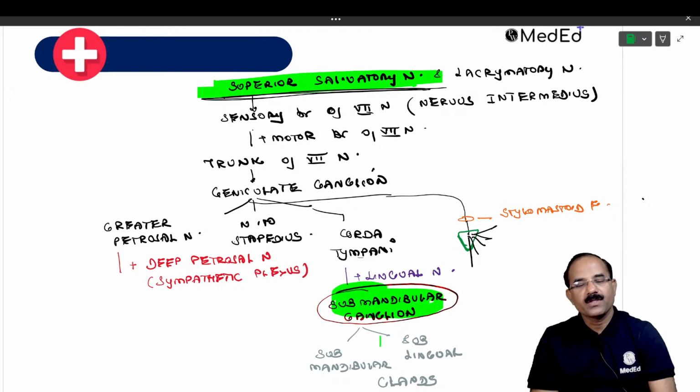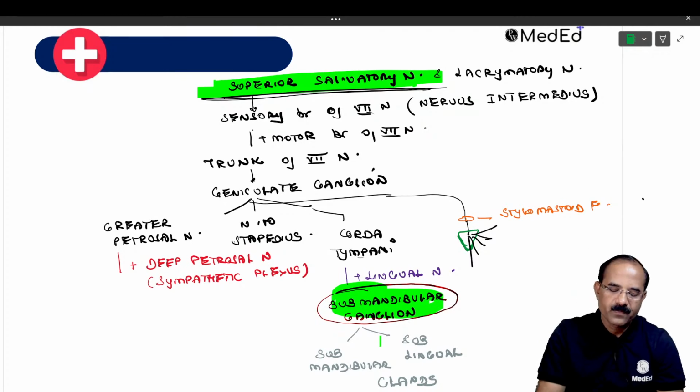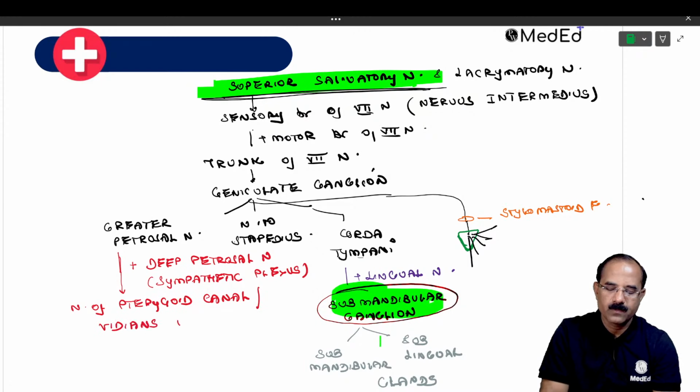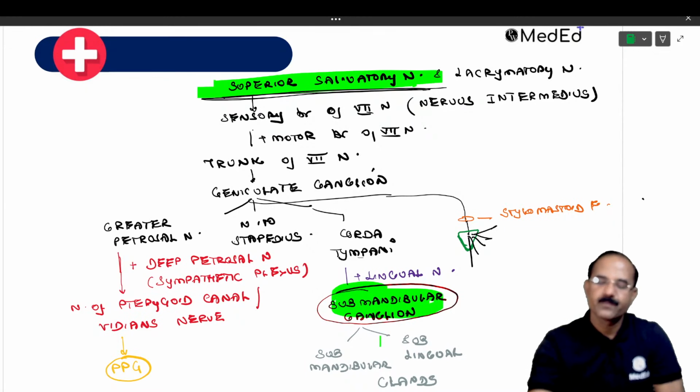So the greater petrosal nerve joins with the deep petrosal nerve, which comes from the sympathetic plexus, and forms the nerve of pterygoid canal. It relays in the pterygopalatine ganglion.